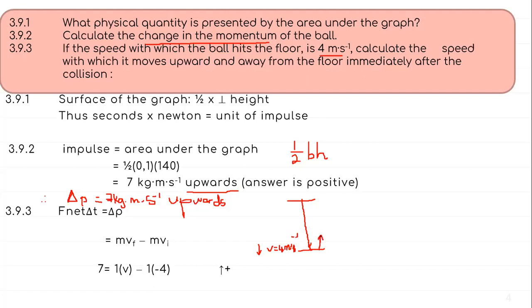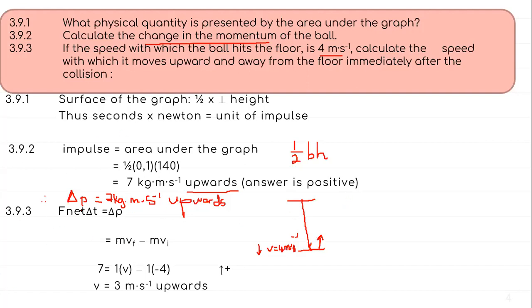Now, my dear learners, obviously when it moves upwards, the velocity is going to change. The velocity with which it hit the floor is not the same velocity with which it leaves the floor to go upwards. To calculate that, it's quite easy.